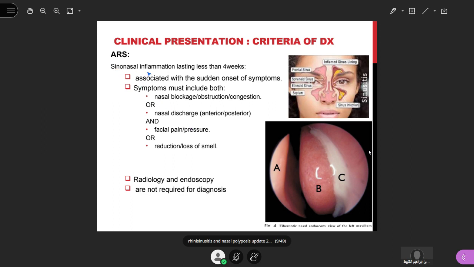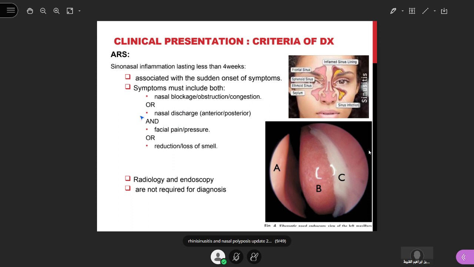Acute rhinosinusitis is sinonasal inflammation that lasts up to 4 weeks, associated with sudden onset of symptoms. Symptoms must include both: nasal blockage, obstruction, congestion, or nasal discharge, one of these, and facial pain, pressure, or reduction or loss of smell.